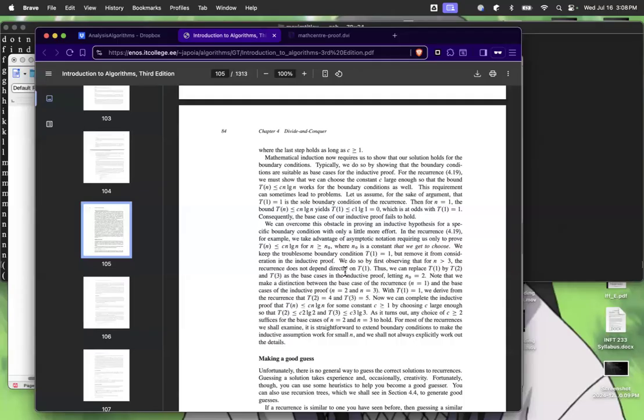So we keep the troublesome boundary condition of T of 1 equals 1, but remove it from consideration in the inductive proof. We do so by first observing that for n greater than 3, the recurrence does not depend directly on T of 1. Thus, we can replace T of 1 by T of 2 and T of 3 as the base cases in the inductive proof, letting n naught be equal to 2.